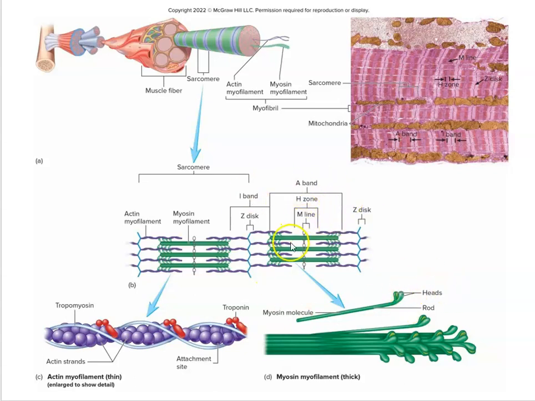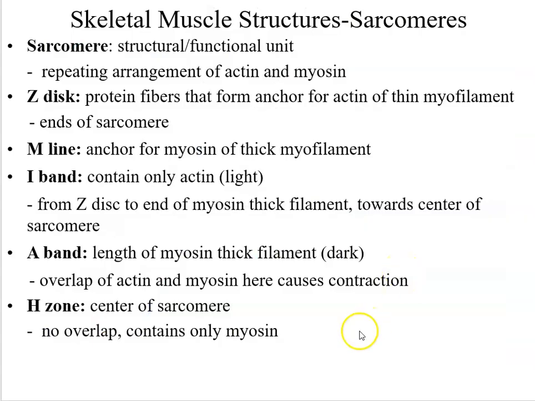We can see here, because of the way these filaments are attached, there's areas where there's thin filaments, there's thick filaments, and also overlap between the two. Of course, these have names. The I band is the area where there's only thin filaments, only actin. This spans each Z-disc.